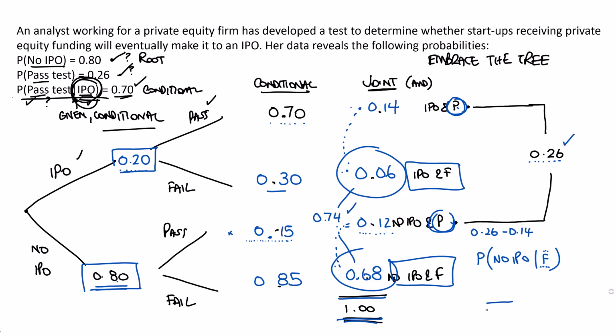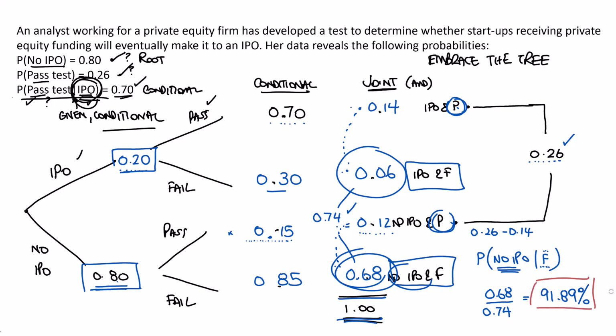So the denominator is 0.74. Numerator, no IPO. Given we're in that 0.74 of outcomes, no IPO was here. 0.68. 0.68 over 0.74, 91.89%. Our updated probability of not making it to IPO, given a fail in the test.